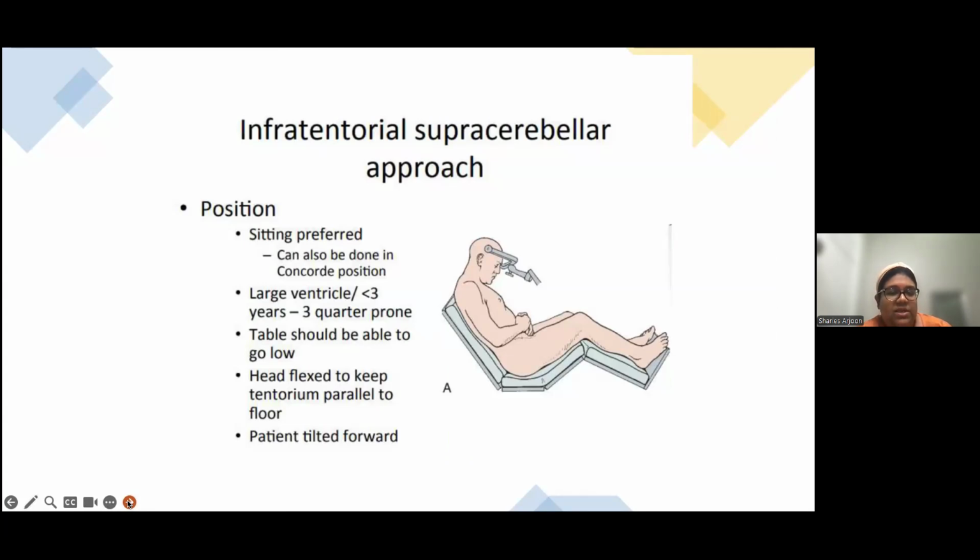It can also be done in a concorde position, with large ventricles, less than 3 years, or the three-quarter prone. The surgical table must be able to go low and the head flexed to keep the tentorium parallel to the floor and the patient tilted forward slightly.